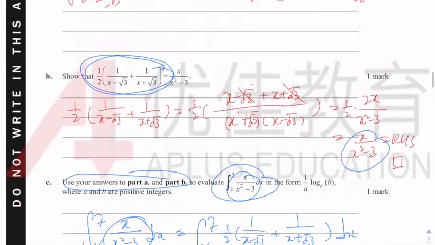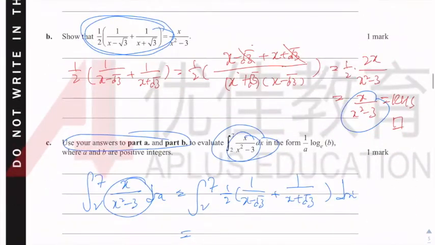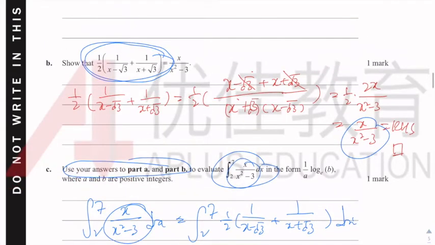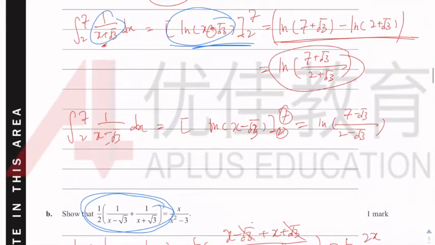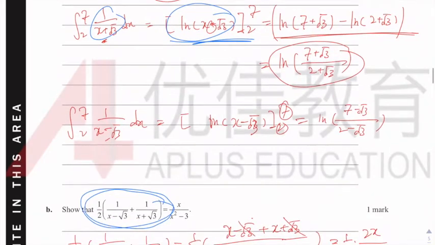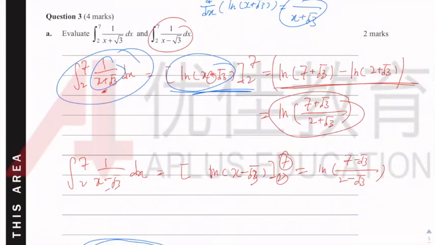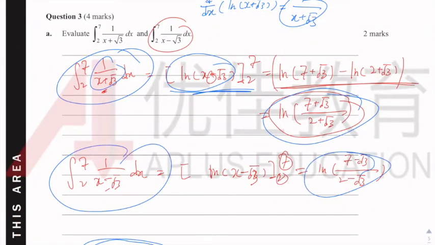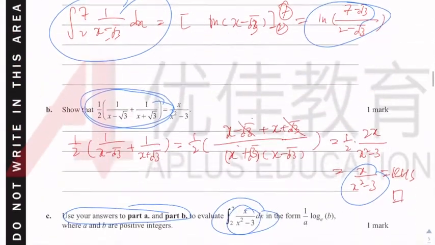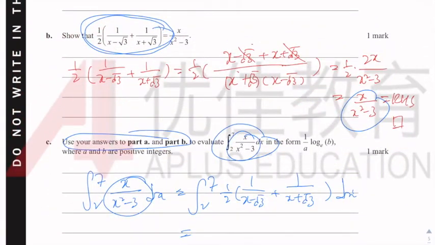Because the question has told you to use answers from part A and B, we just use the answers from part B. Then we look back to part A. So we know these equal these. We can always take the constant in front of the integral.